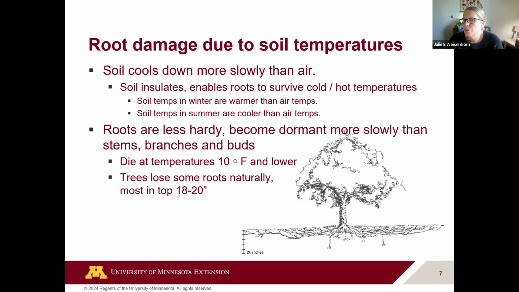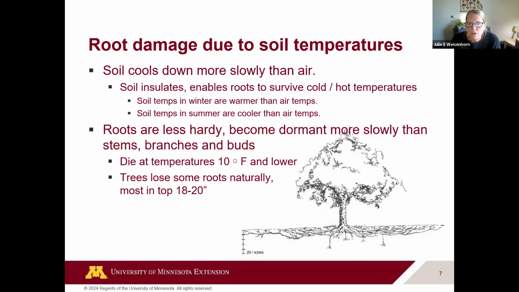So root damage is due to soil temperatures, because soil cools down more slowly than air. It holds heat, and moist soil, again, is warmer than dry soil. As the soil is insulated, it enables those roots to survive cold temperatures, but also hot temperatures in the summer as well. Soil temperatures in the winter are going to be warmer than air temperatures, especially if they're covered with some kind of mulch or snow cover.